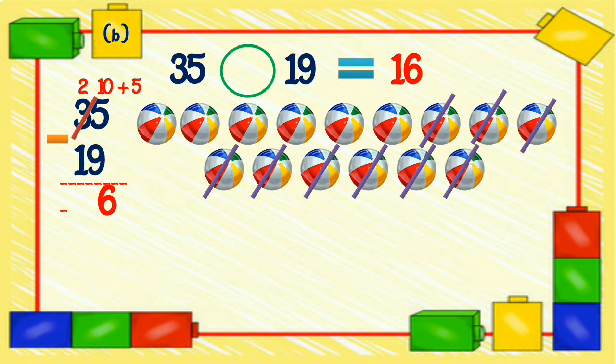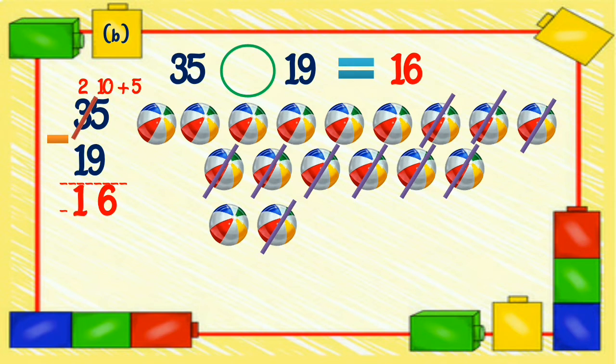Okay, now here is number 2. Firstly we take two balls, 1 and 2. Now we cut one ball from the 2. So how many balls do we have? We have one ball.